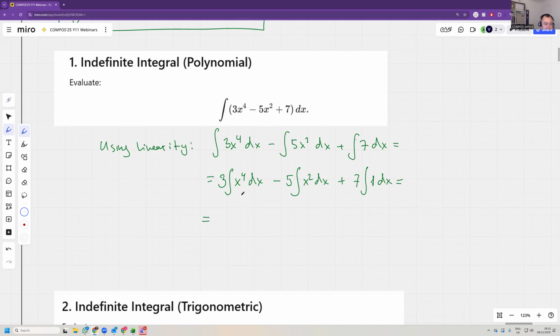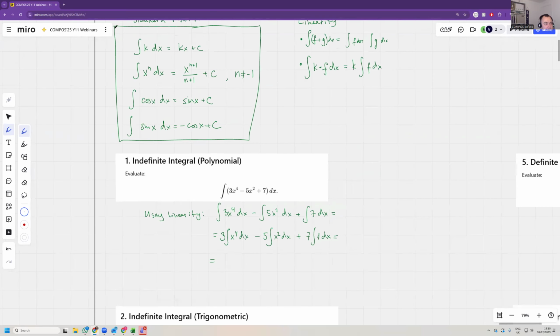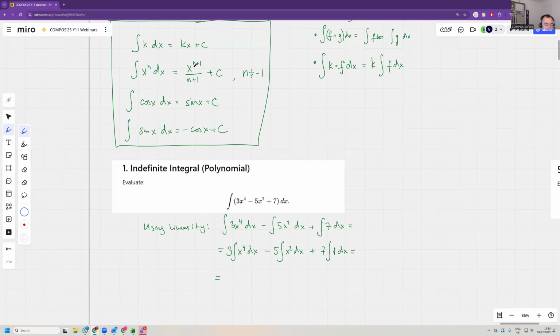So using the second formula, x to the power n, we know it's x to the power n plus 1 divided by n plus 1. So it's going to be 3 multiplied by x to the power 4 plus 1 divided by 4 plus 1, minus 5 multiplied, using the same formula, by x to the power 2 plus 1 divided by 2 plus 1, plus 7.